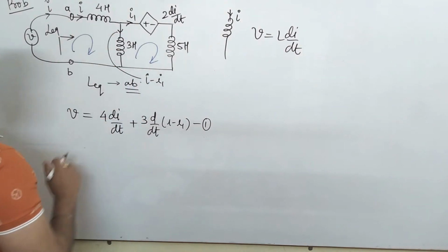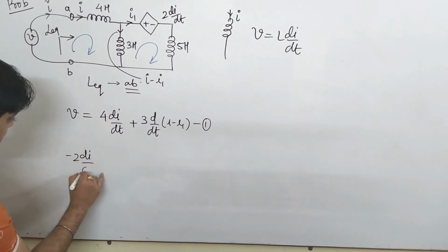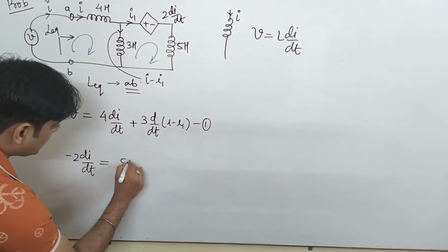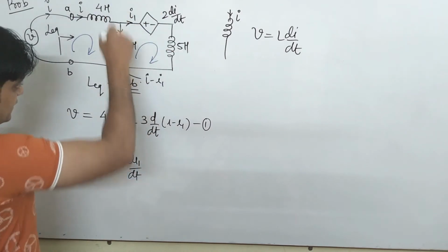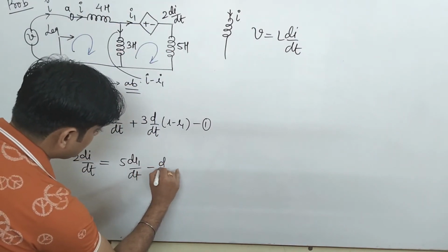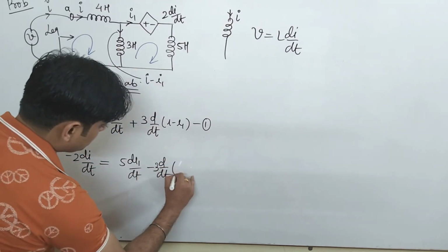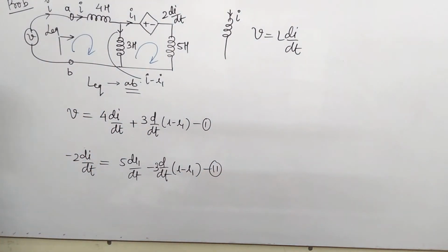Now here if I apply one loop, it is minus 2, which is a dependent voltage source, that is equal to 5 di1 upon dt. We are moving in this fashion, current is coming in this fashion, it is minus d upon dt, the value of inductor here is 3 into I minus I1. This is our equation second. Now with the help of these two equations one can easily find the value by solving it.